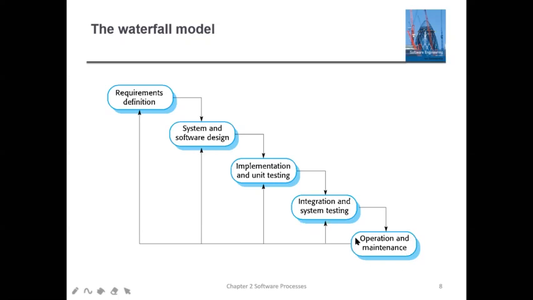The last one is nothing but your operation and maintenance. This is the longest life cycle phase. In this phase, when the system is installed and put in practical use, errors can get introduced here itself.